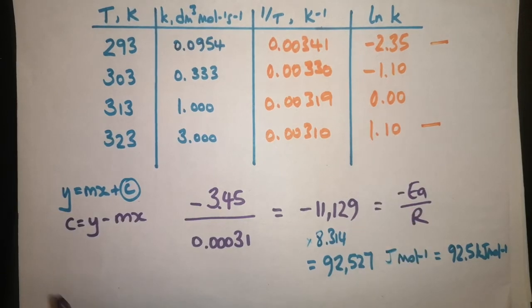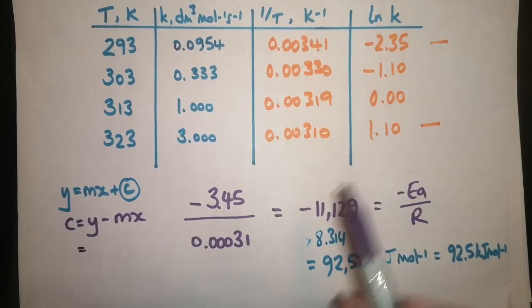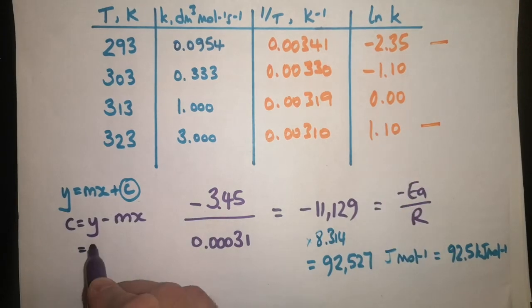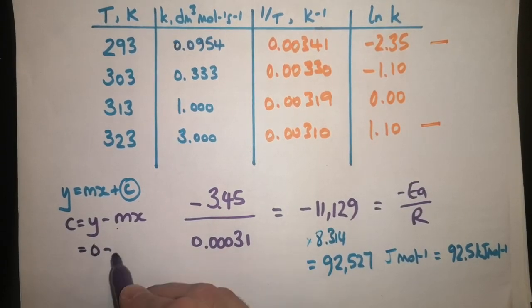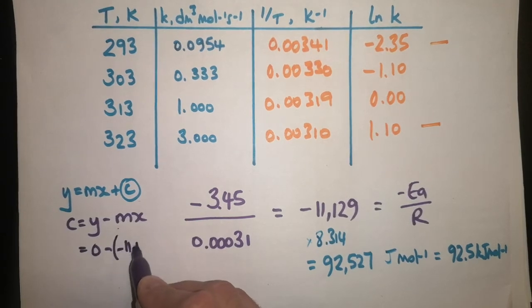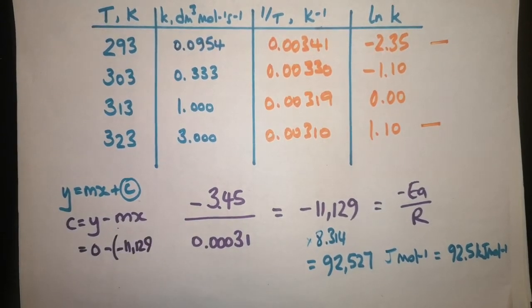So c equals, remember ln k was y, so 0 minus m, which is minus 11,129, times 0.00319.